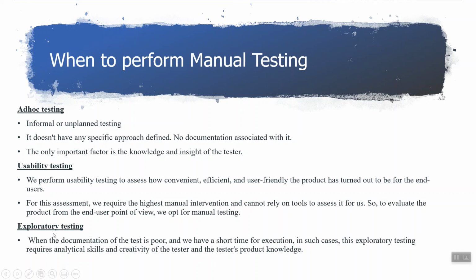The next one is exploratory testing. When the documentation of the test is poor and we have a short time for execution, in such a case we use exploratory testing. Here we require analytical skills and creativity of the tester and the tester's product knowledge. So we have to do manual testing while doing exploratory testing. These are some of the points where we need to perform manual testing.